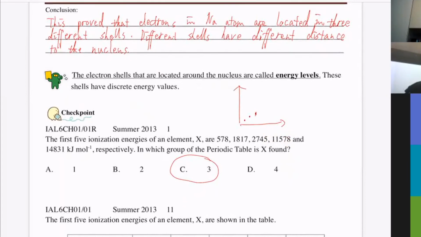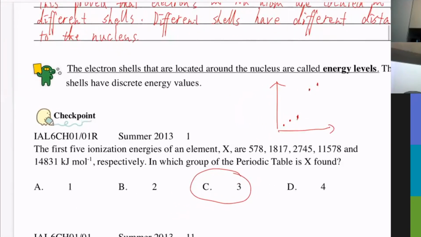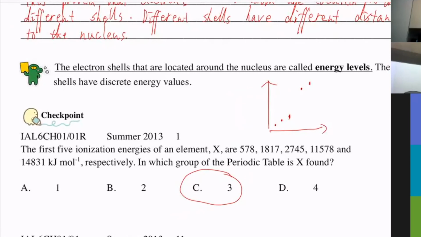If you plot a diagram, it should be around here or even a bit higher, somewhat like this. And then the next one, 14831, another one here. So you can see there is a big gap between the 3rd one and the 4th one.